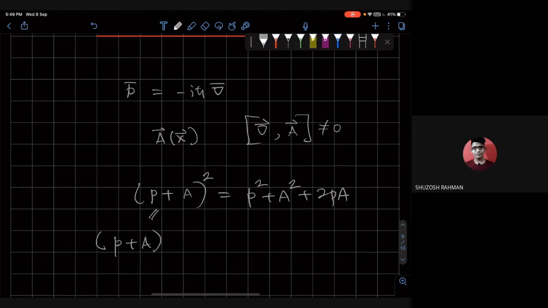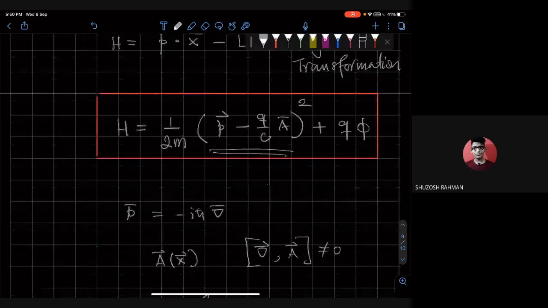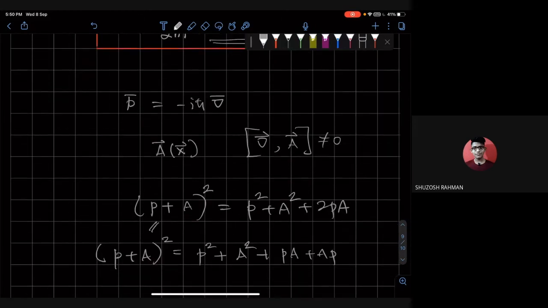So quantum mechanically, this is going to be P squared plus A squared plus, say, PA plus AP, with the minus sign and all the bells and whistles, okay?